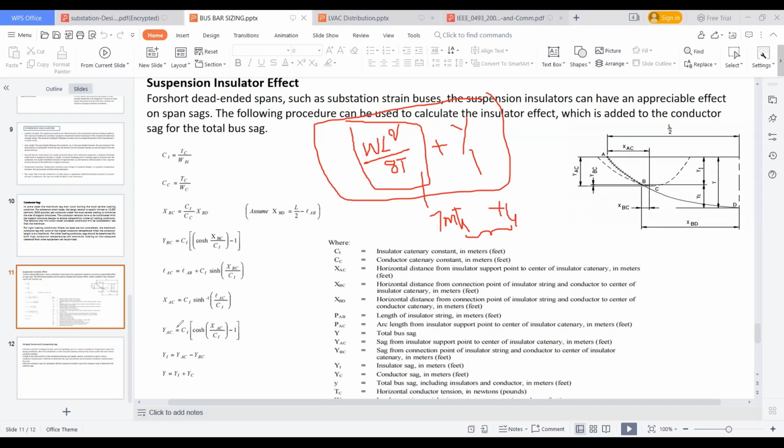And the conductor sag depends upon the sag template or the temperature variations or the ice loadings, and also wind as well as the short circuit force loadings, what we discussed in the rigid bus bar sizing calculation. Same philosophy. So this is about the strain bus calculation. Clear, team?